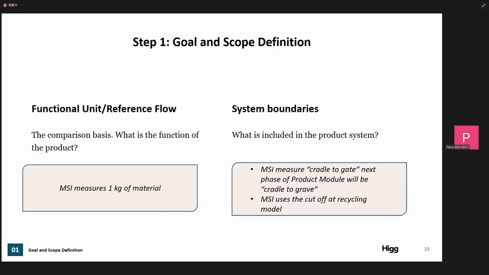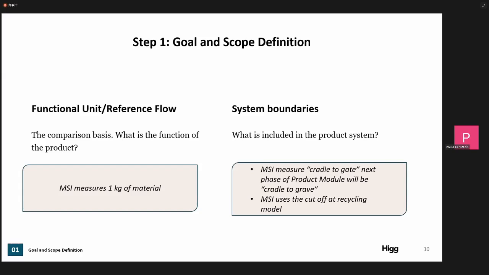So to start out, the goal and scope phase is step one, and that's exactly what it sounds like. So you're identifying the goal of the study and the exact scope of your study. The first really important concept here is called the functional unit, which is basically the most fundamental part of an LCA. The question is, what is the comparative basis or the service delivered by that product?